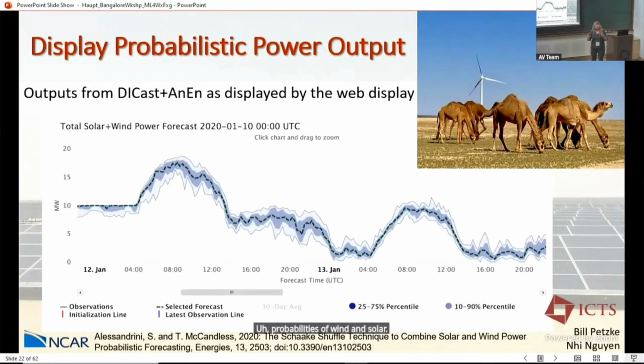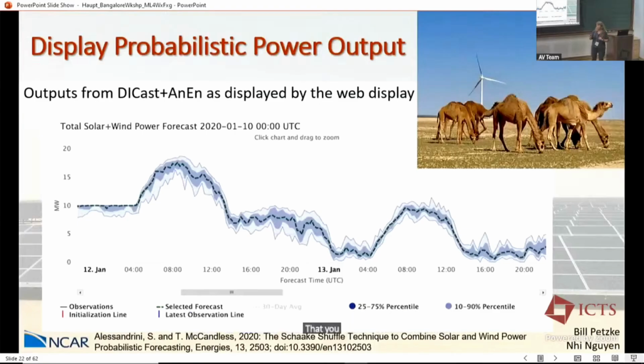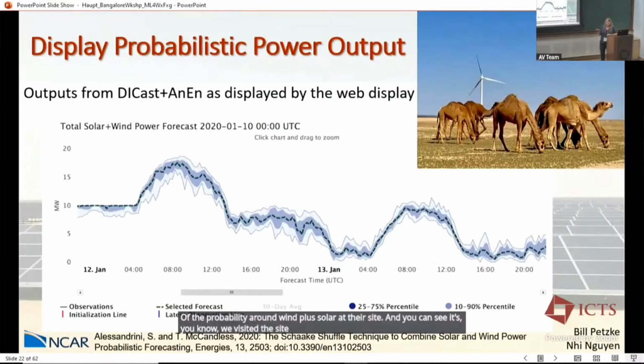You have to do something else, and the Schaake shuffle reorders them in a way that you can combine them for an appropriate, reliable PDF of the probability around wind plus solar at their site. And you can see it's, we visited the site, it really is in the Middle East.